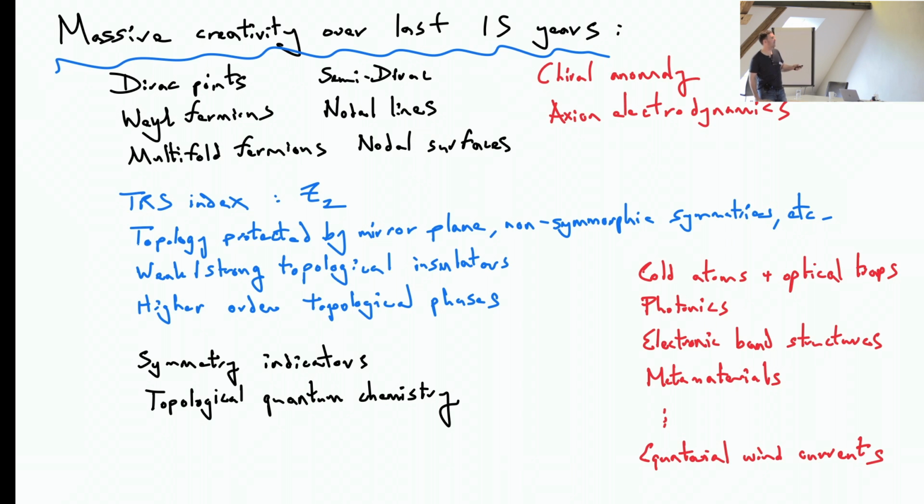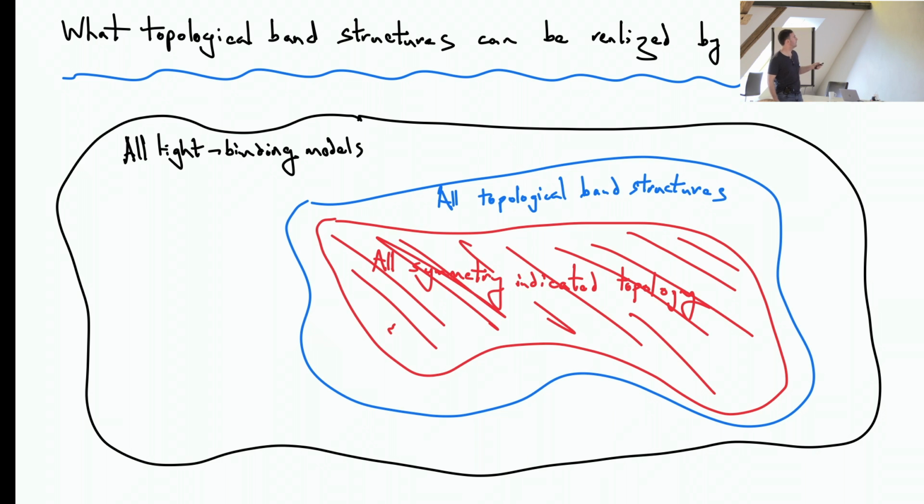This is a tiny snapshot of the kinds of things that people in this field work on. And there's been a very nice synthesis over the last few years in the form of symmetry indicators and so-called topological quantum chemistry that provide a symmetry-based approach to diagnosing topology.